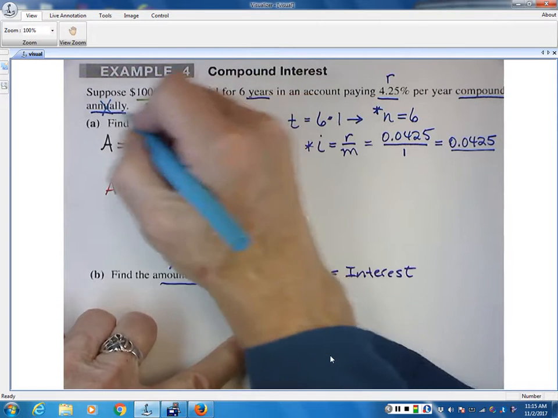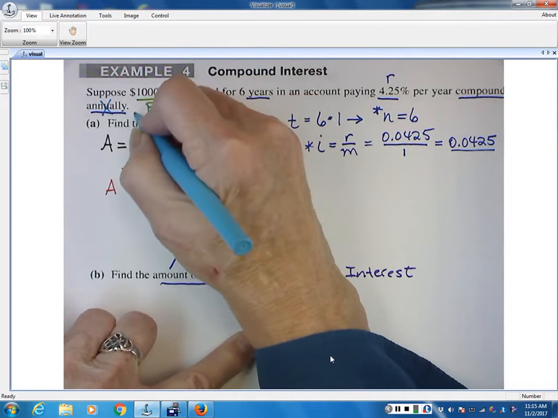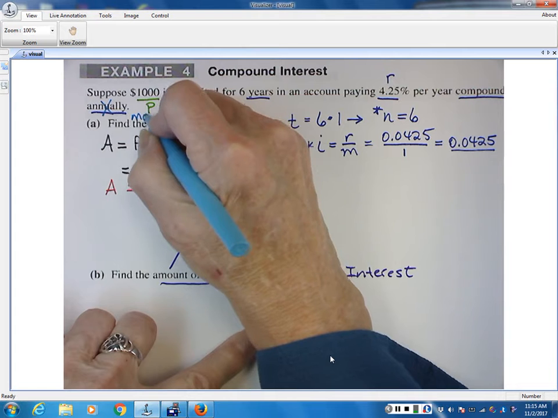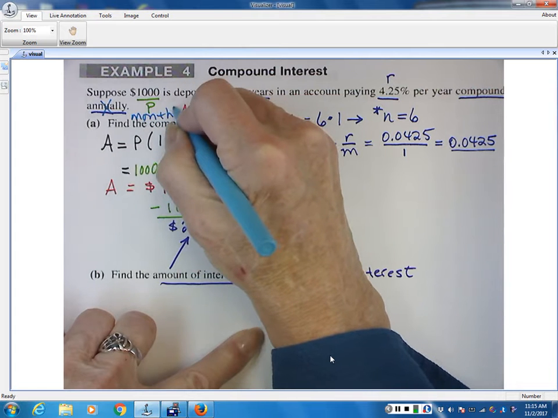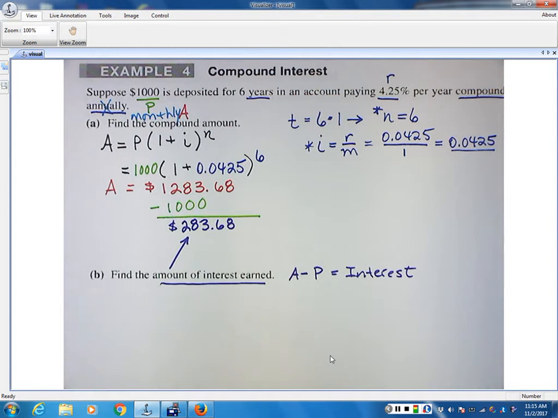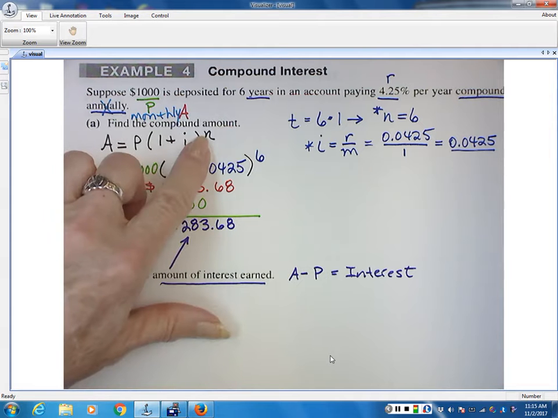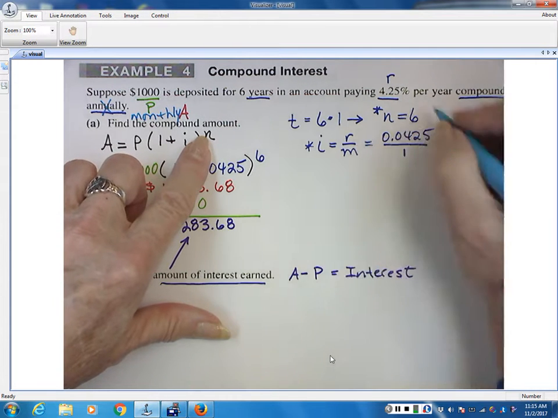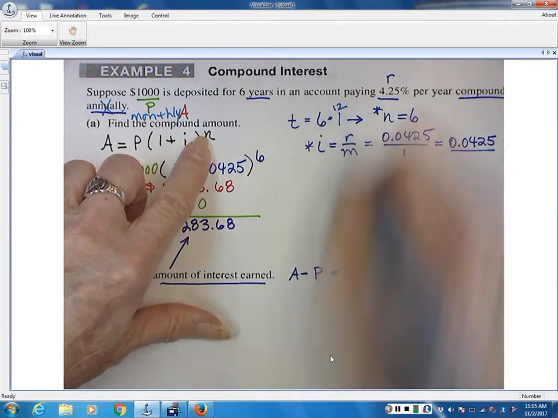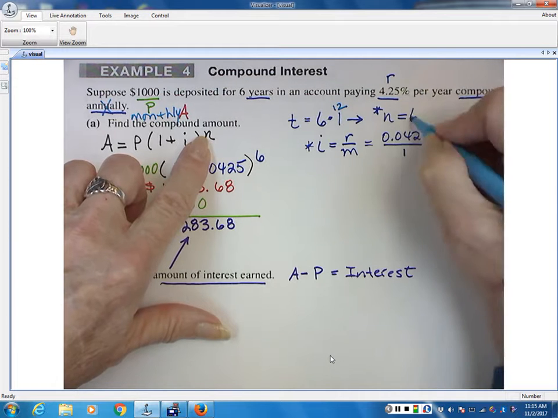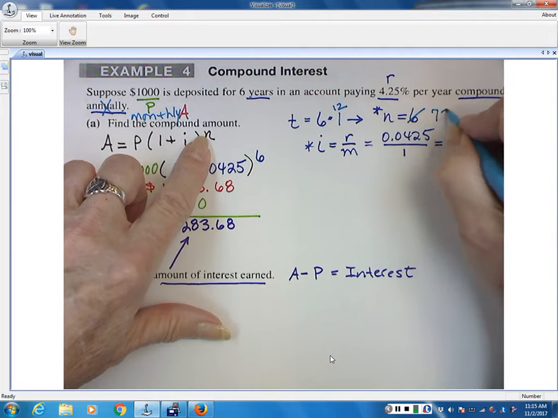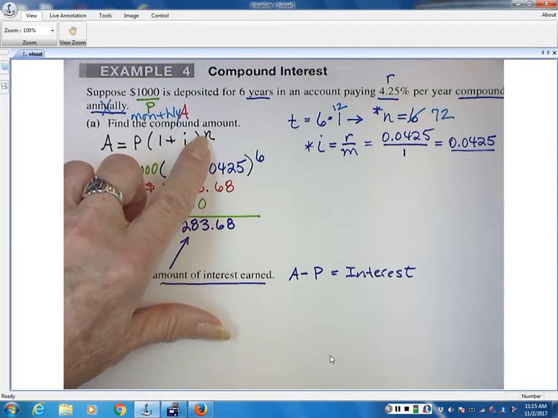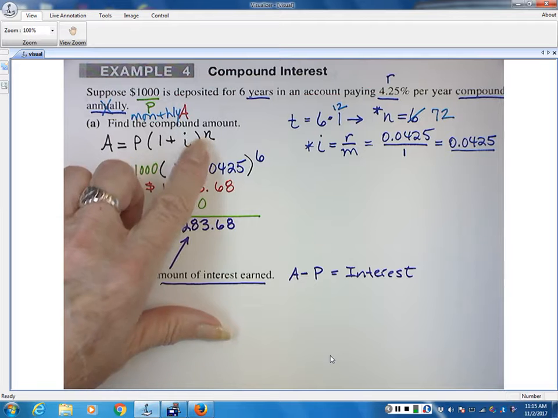What if I compounded monthly? What would change? N is going to change because N is going to be 6 years times 12 months. So N is going to be 72.